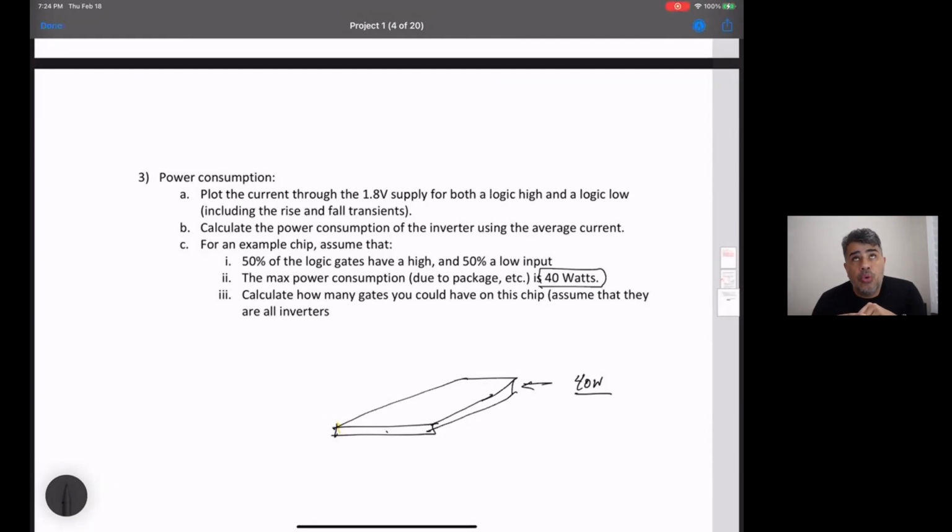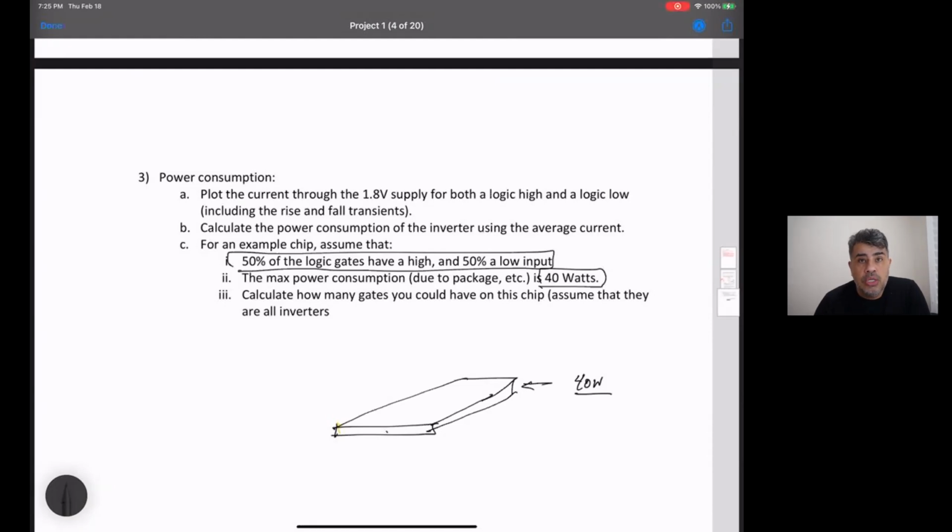Because it's a logic chip, you have to make an assumption about how many gates have a 0 on their input and how many have a 1. As you've noticed, there's a big difference in power consumption in this gate between a 0 on the input and a 1 on the input. So I just said it's 50% low, 50% high on the input voltages.